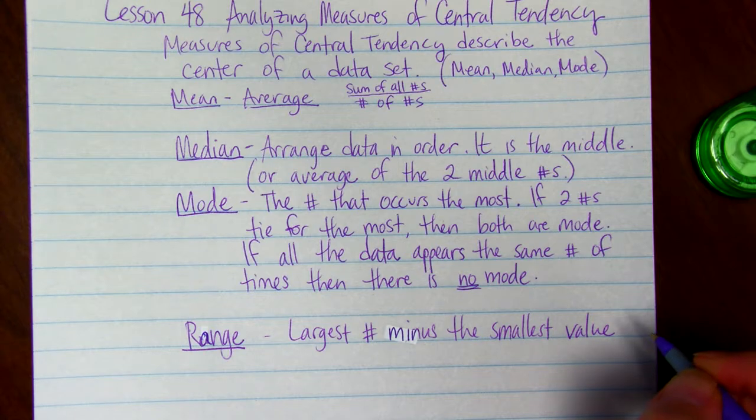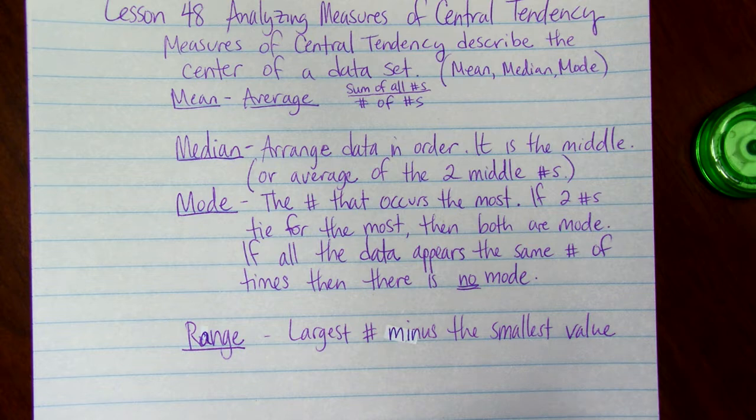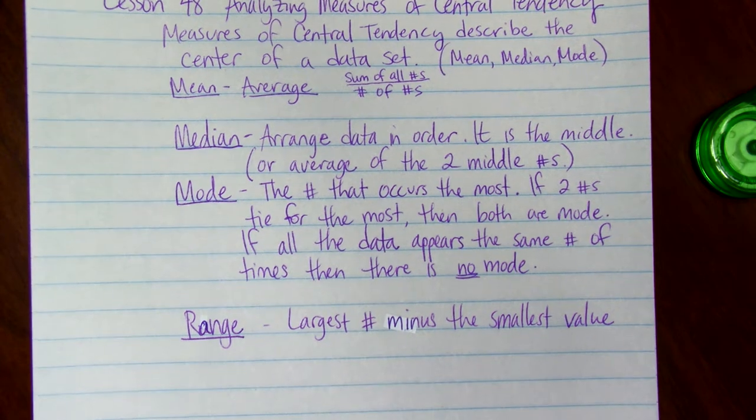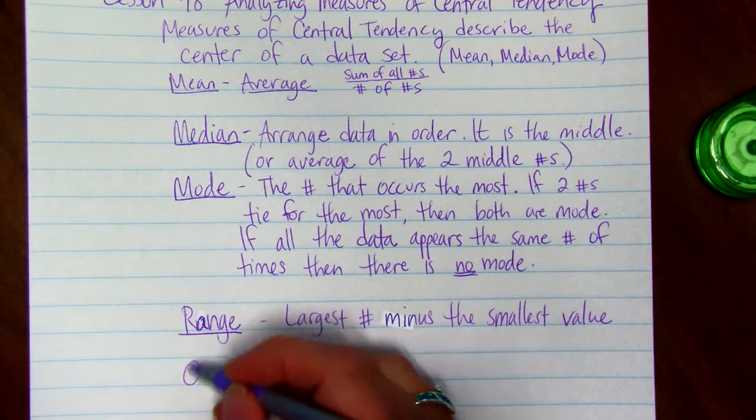When we're analyzing data, there might be numbers that are way far out there, way high or way low. Those are called outliers.